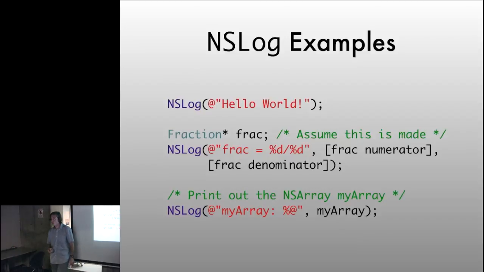So when you create your own classes and define a description method, you can log it out using %@. If you don't, you get some funky weird thing that's the memory address.